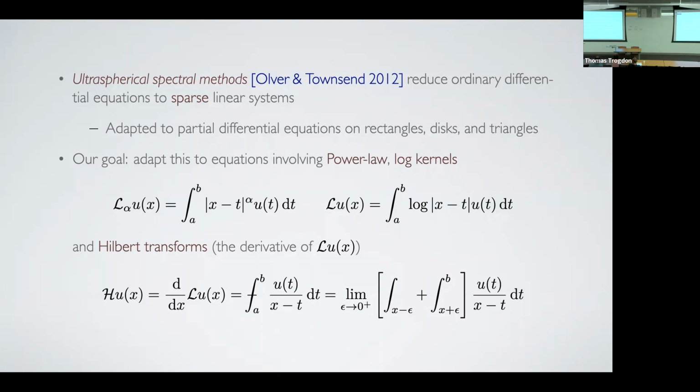We saw that by choosing the right orthogonal polynomials, we could discretize differential equations with sparse discretizations. Now we want to do the same thing, but instead of derivatives, we have the power law and the log kernel and also the Hilbert transform.